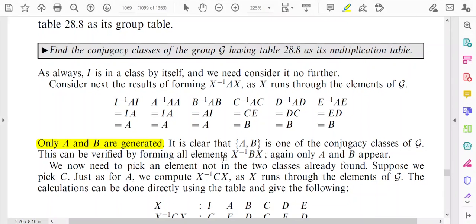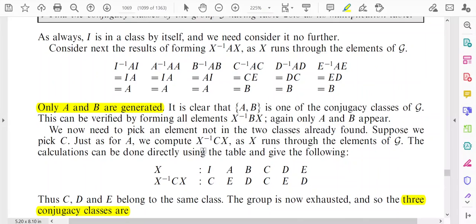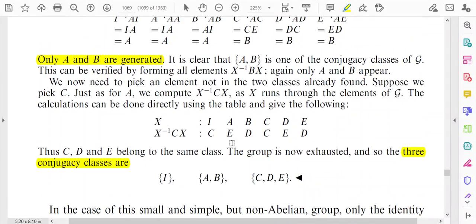Now you take another conjugation relation, x inverse C into x, and just as we have proceeded before, in a similar method we put the values of x step by step, starting from I to E. From this conjugation relation and with the help of the multiplication table, we can show that the products of x inverse C into x are C, E, D, C, E, D. So ultimately we have obtained 3 elements.